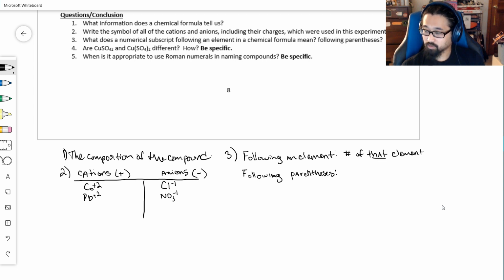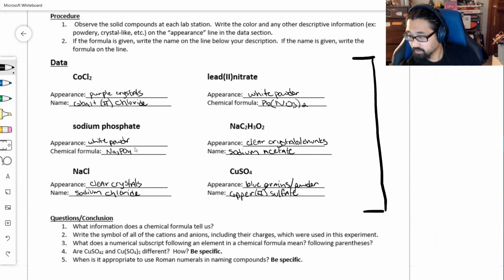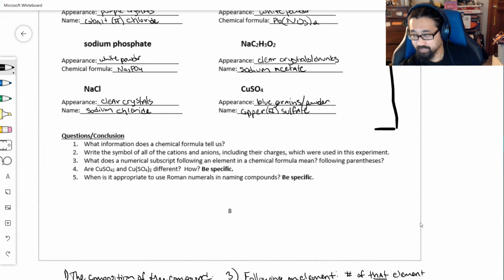When it follows parentheses, it's the number of everything in the parentheses. And what I mean by that, when I have this 4 after O, then I have 4 O's. But when I have 2 after NO3 in parentheses, it means that I have 2 of everything in the parentheses. So I have 2 NO3s. All right, so that's what that means.